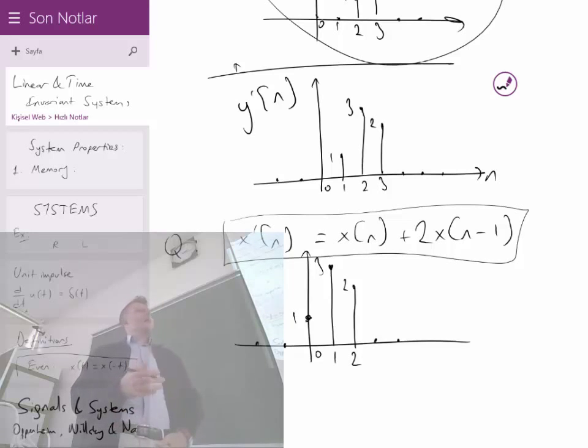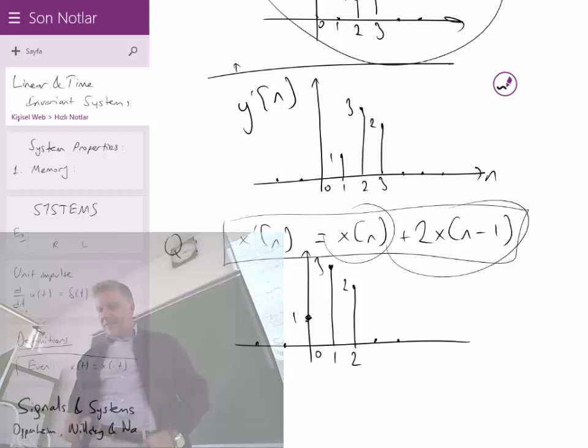So the input drawn here is like this. Can you then find the response, the output? The output y prime of n is equal to y of n from this first part plus 2y of n minus 1 from this part. You just have to draw them, add them up on top of each other, and you will find the result.